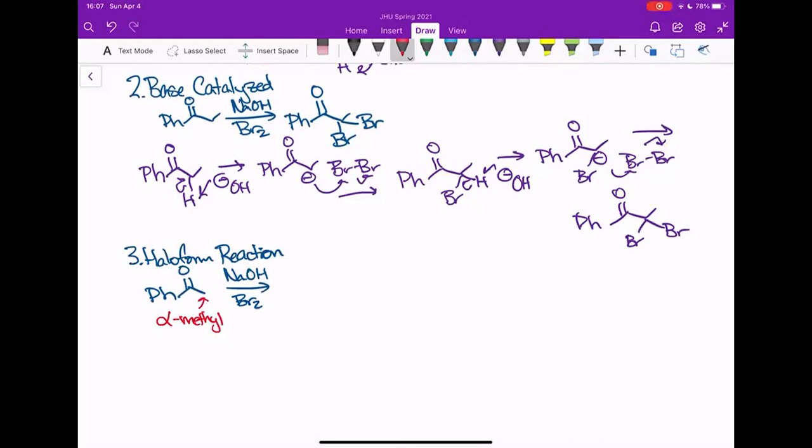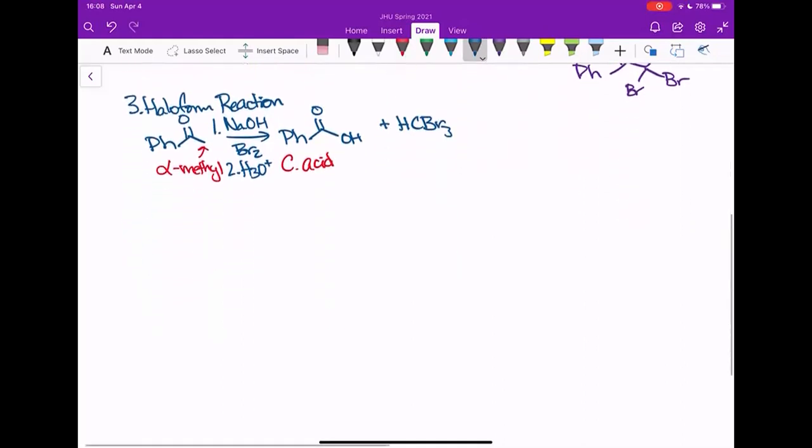And so in this case, and we'll walk through the mechanism in one moment, you're going to kick it all off. And so you're going to end up with your carboxylic acid as your product. And then you also have a byproduct of the CBr3 group that you'll kick off. Finally, don't forget that for haloform, you will need that acid workup, as we'll see in the mechanism right now.